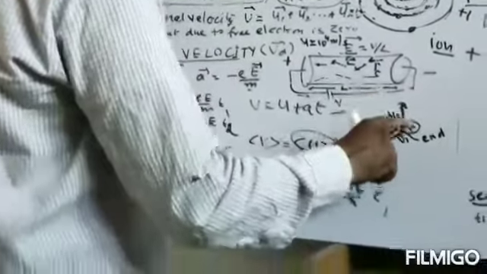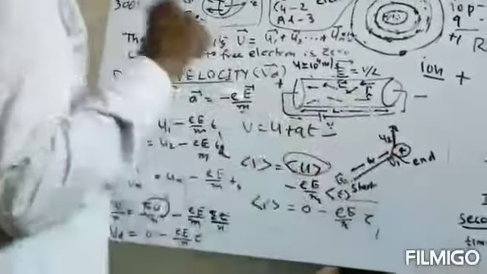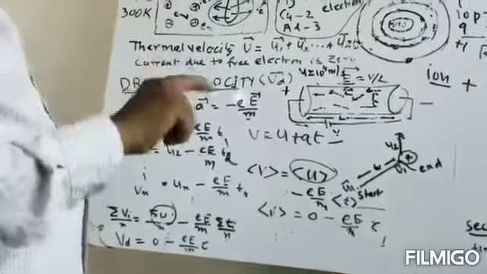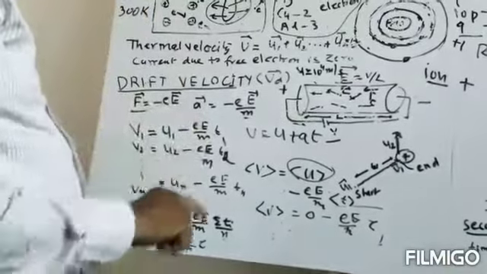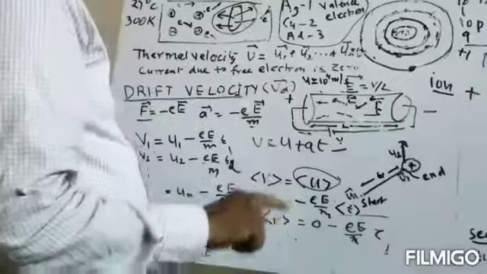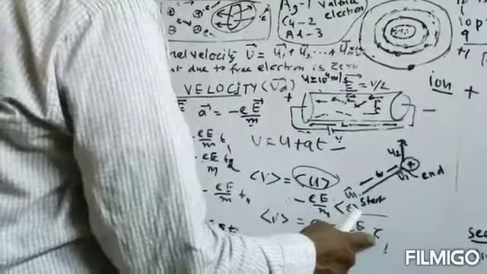So this is a relaxation. The average time between two collisions is known as the relaxation time. So relaxation time is the average time for the collision of a free electron with a positive ion, and we denote it by tau.